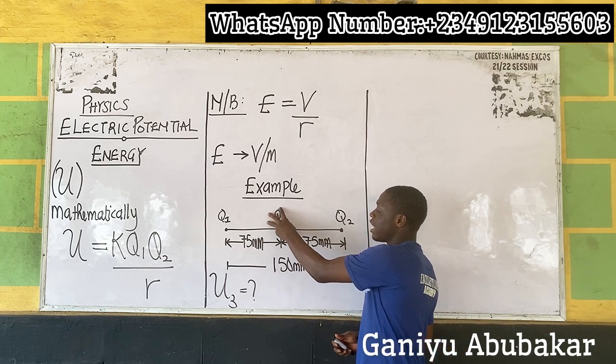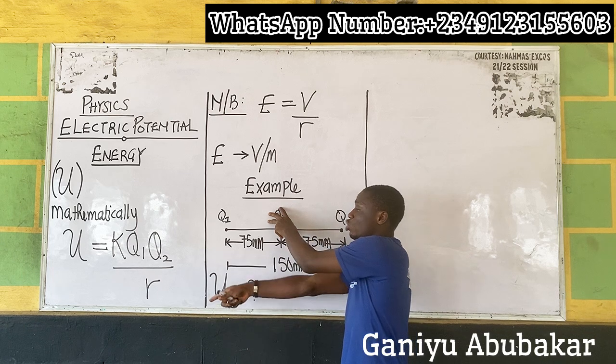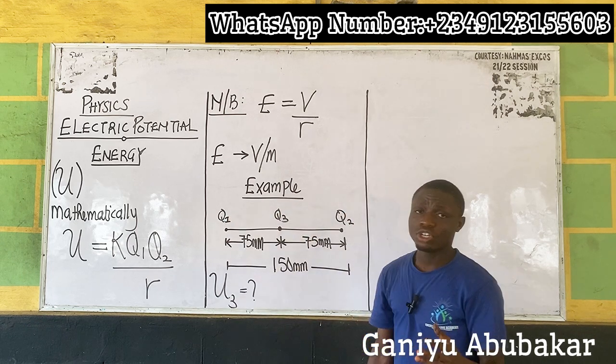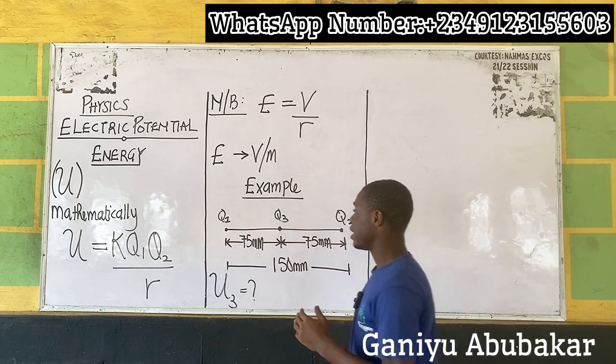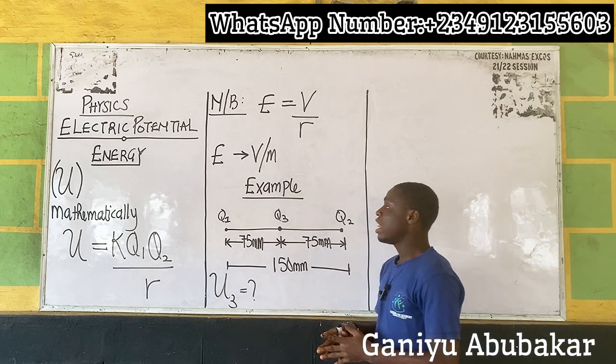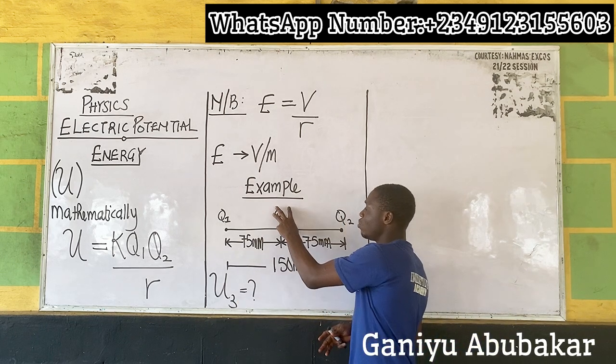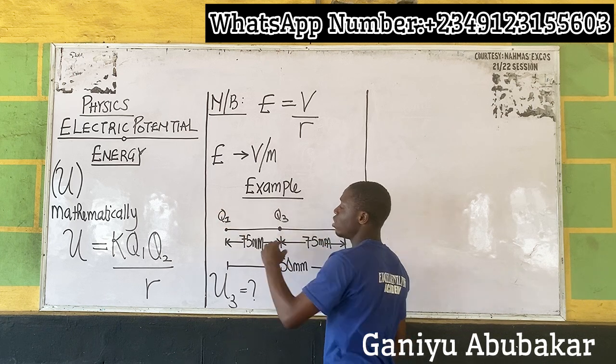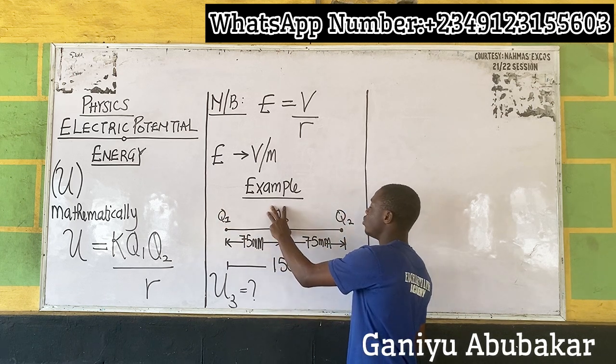Here's the concept: to get the electrostatic potential energy at charge Q3, I simply find the sum of the energy at Q3 due to charge Q1 plus the energy at Q3 due to charge Q2.